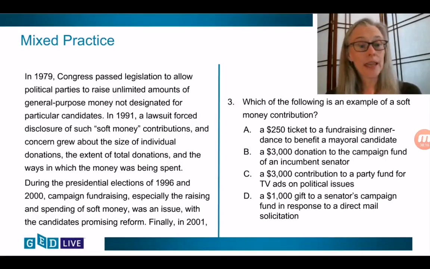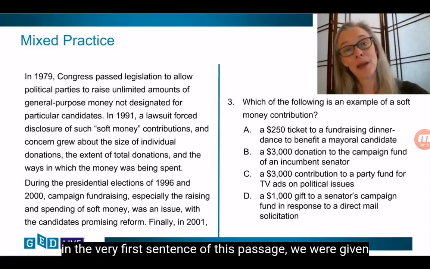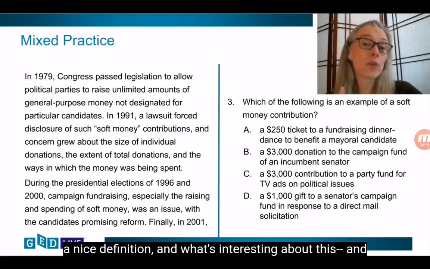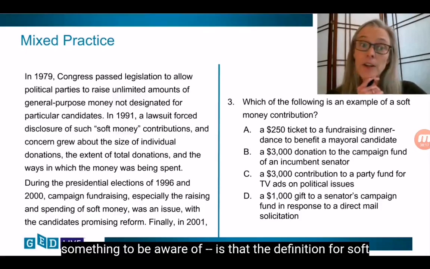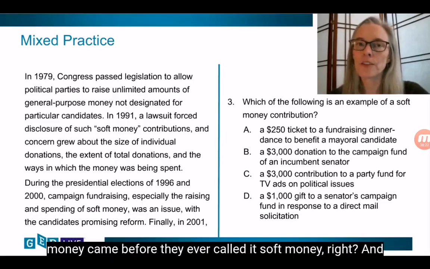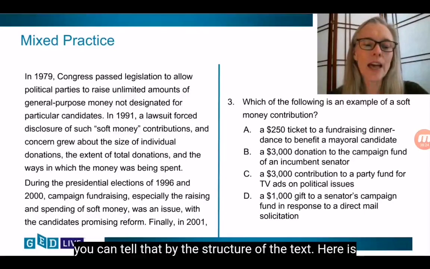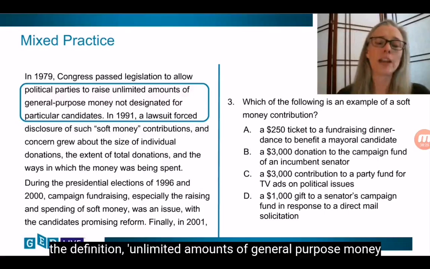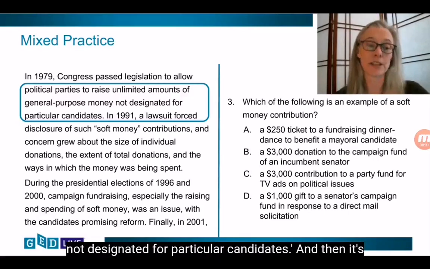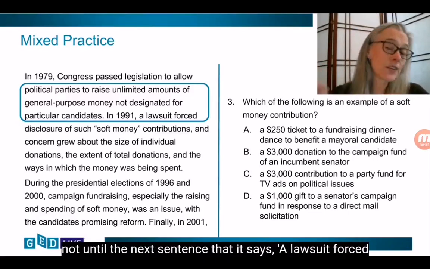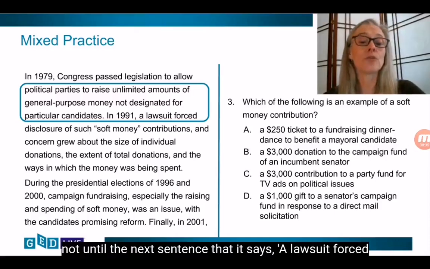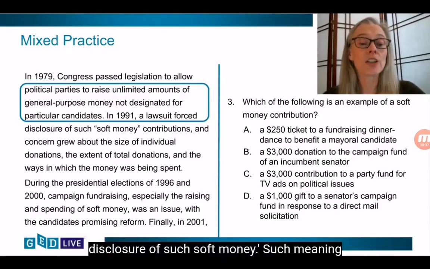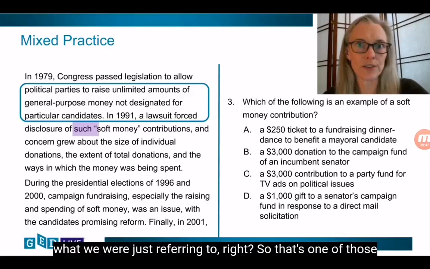So in the very first sentence of this passage, we were given a nice definition. And what's interesting about this and something to be aware of is that the definition for soft money came before they ever called it soft money, right? And you can tell that by the structure of the text. Here's the definition: unlimited amounts of general purpose money not designated for particular candidates. And then it's not until the next sentence that it says a lawsuit forced disclosure of such soft money, such meaning what we were just referring to, right?